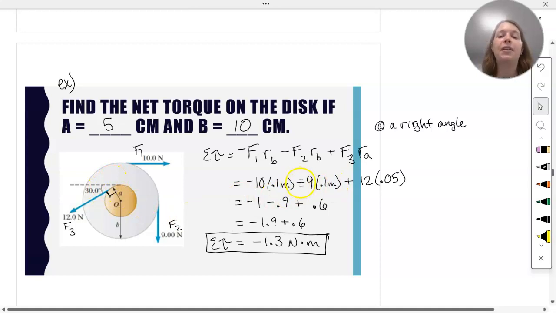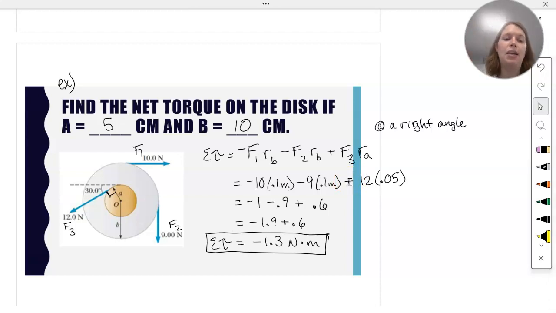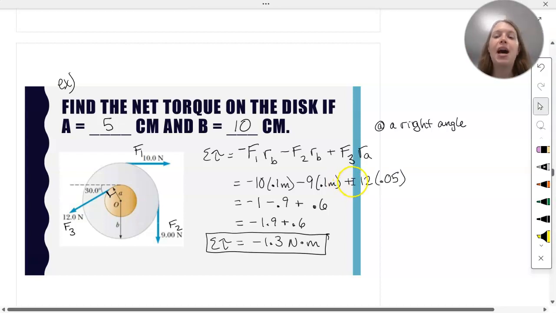But that's still going in the negative direction, so we show that with a subtraction. And then F3 is going to twist this whole system, if it's all connected, in the counterclockwise direction, so that would be given a positive sign: 12 times this other random number, 5 centimeters, 0.05. We just add all those up, accounting for the direction.